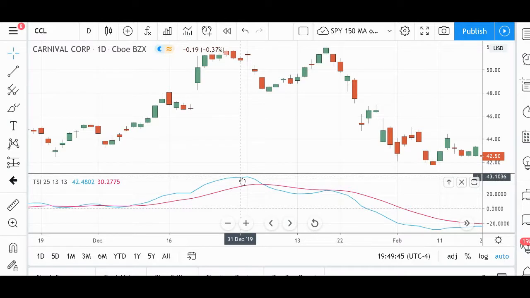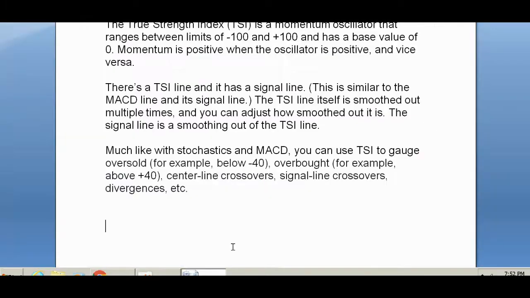The TSI line went above 40 barely, but the signal line did not catch up as quickly. That actually turned out to be a good indicator because it formed a double top there, and then it plummeted after that. But it does not work 100% of the time. It's not perfect. So you could use it for overbought and oversold. You might choose 40 and negative 40, or 50 and negative 50, 30, whatever you like.